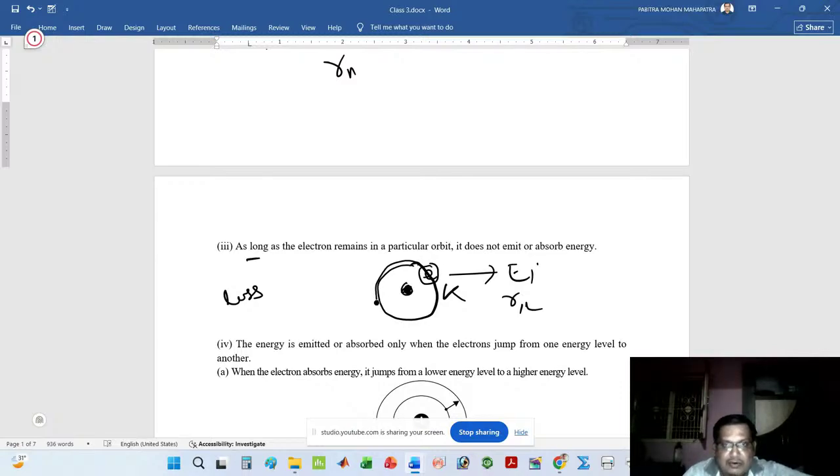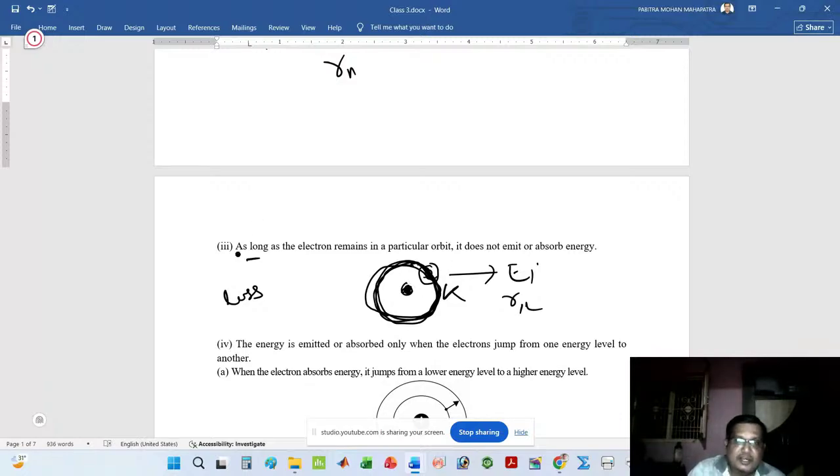Otherwise, the electron revolves continuously in the K cell. If it emits or absorbs any energy, then it will change the path. Otherwise, the electron remains in this K cell for a long time. It will not change the path, that means it will not change the orbit.